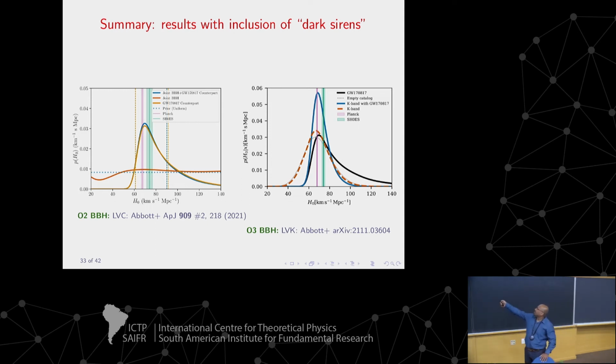A summary with results of inference from dark standard sirens is over here on the left. You see the result from O2 only, with only a slight improvement over the GW170817 results, and the results from O3, which is a much stronger improvement, again showing us that we are strongly influenced by the number of detections which we are using.